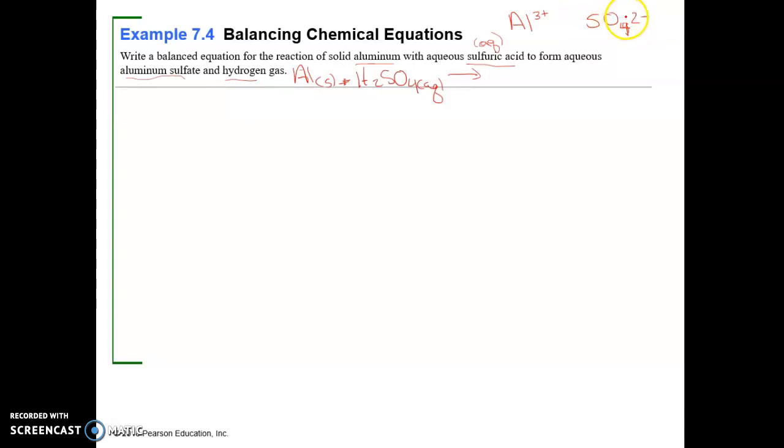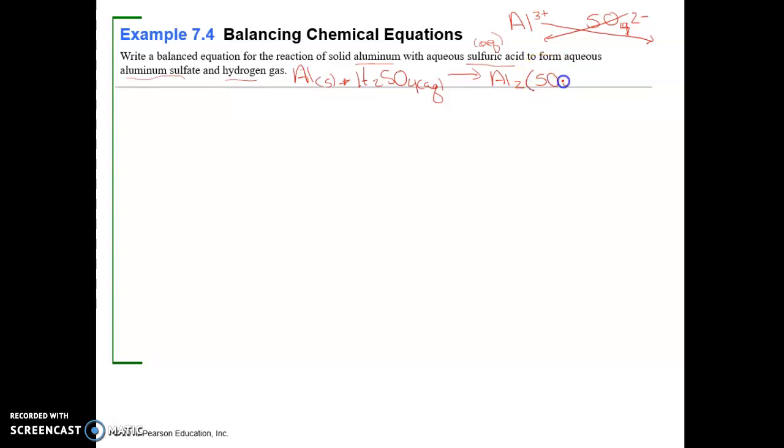Well, I would need 2 aluminums with a 3+ charge and 3 sulfates with a 2- charge. That would make those balance if you did the crossover rule. So that would end up like this, Al2, and then I need to show that there are 3 sulfates.